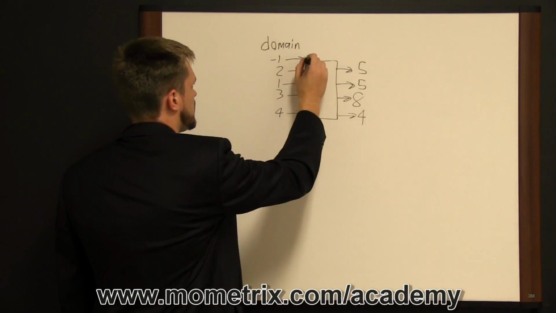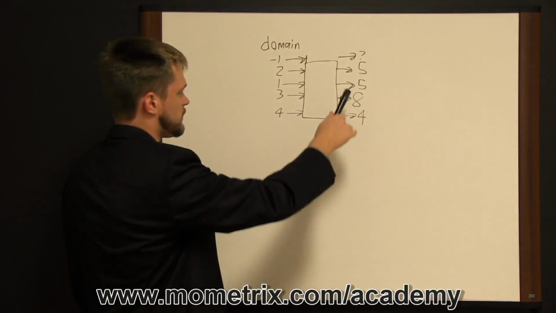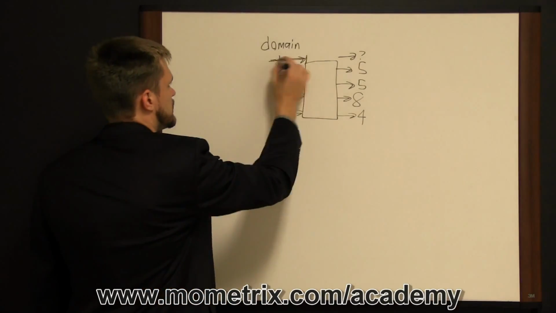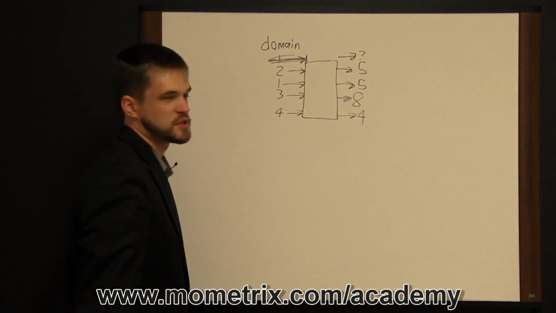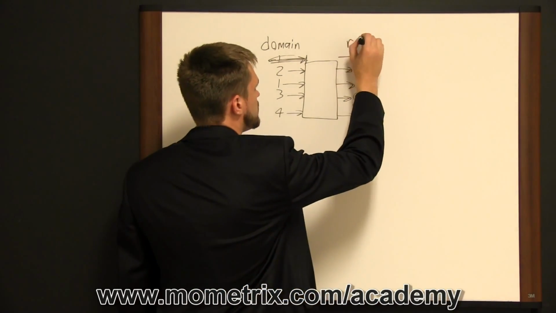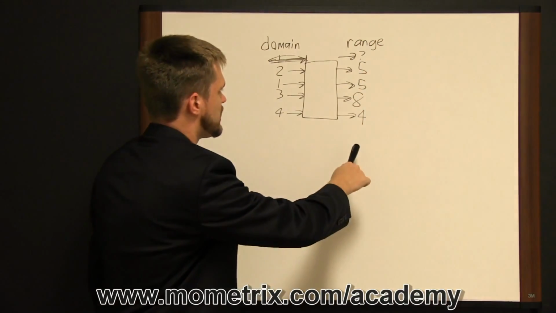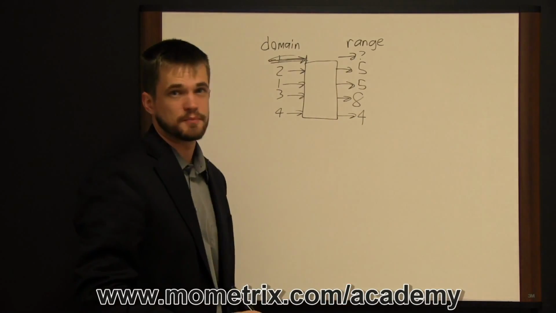If you tried to put in a -1, you wouldn't get anything out because the function wouldn't be defined for that number. And so the domain is the set of all numbers for which the function can give you an output. And then on the output side, you have what's called the range. And the range is the set of all numbers that can be outputs for the function.